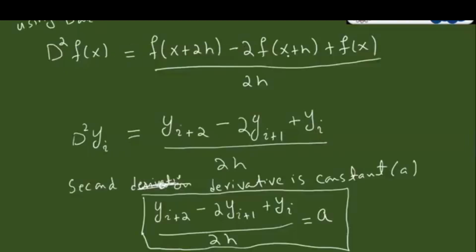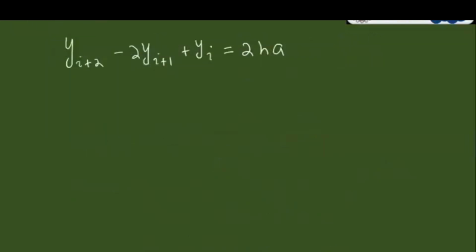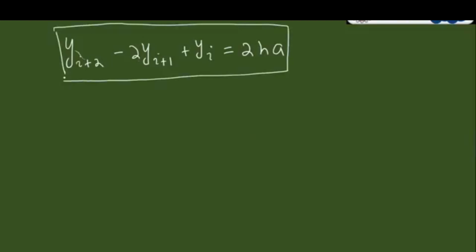What I have done is take this h squared to the right hand side, because if the data is given, then h is also constant, so we can do that. So students, whatever we got here, this whole quantity, is called a difference equation.